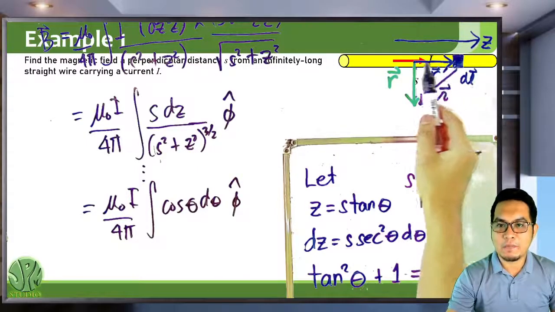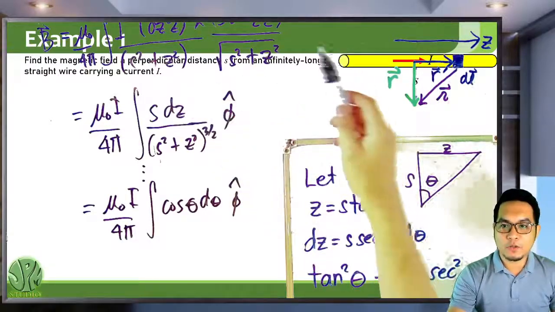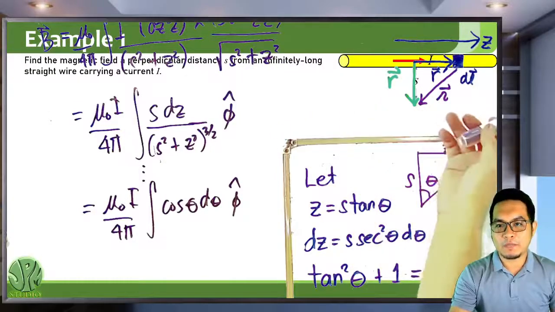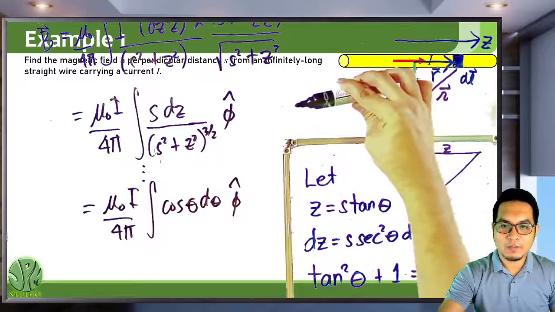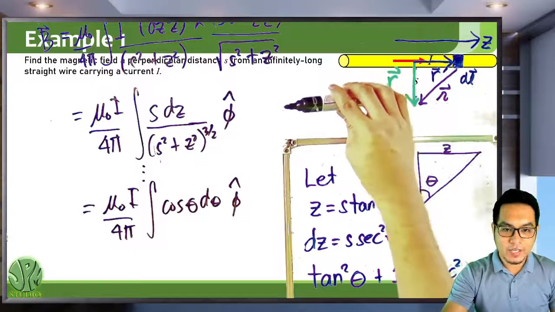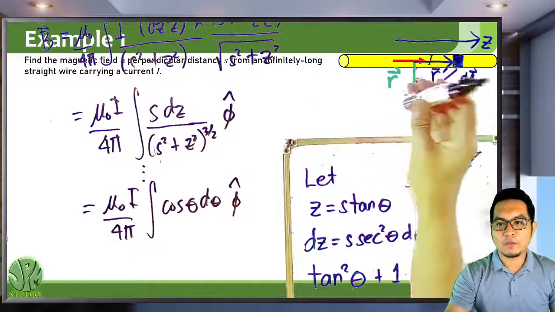This is an infinitely long wire, so the differential elements run from z equal to negative infinity to z equal to positive infinity, and theta runs from negative 90 degrees to positive 90 degrees.